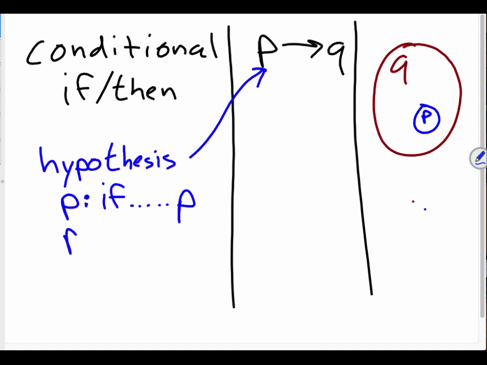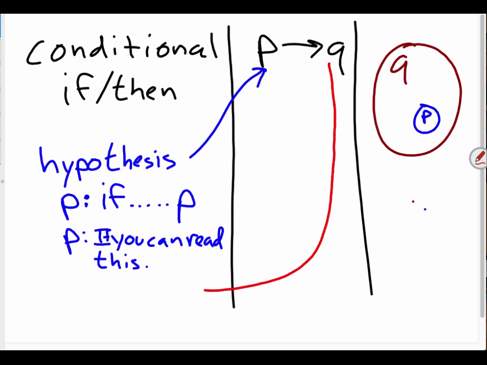So for example, P could be if you can read this. Okay? Then the other part is what we would call the logical conclusion.